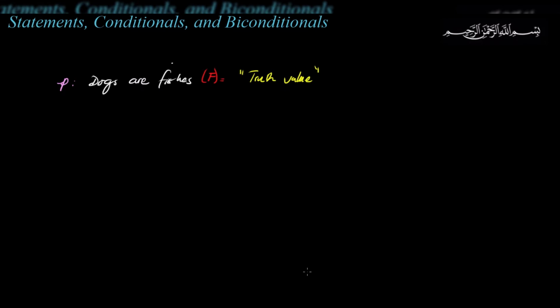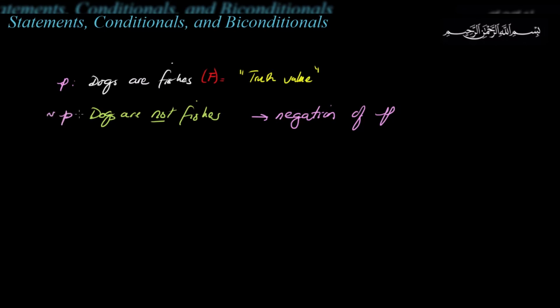Now, if I were to say dogs are not fishes, that's the negation of this. So this statement is called the negation of P. And the way we write the negation of P, or the not of P, so to speak, is like this. Now, we don't write it with a minus sign.